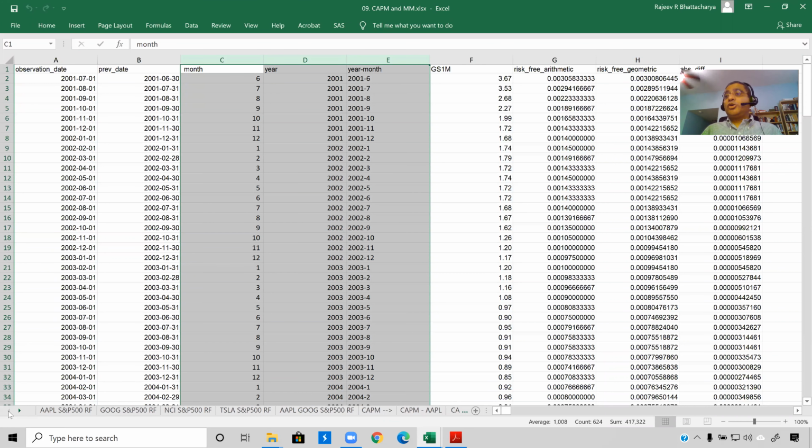Now, just to make sure we are all on the same page, there is no reason that CAPM can only be estimated with monthly data, or that the market model can only be done with daily data. You can do all kinds of models with all kinds of different data, as long as they are consistent with the different fields.